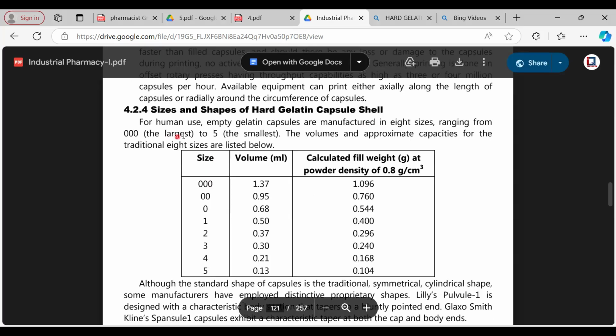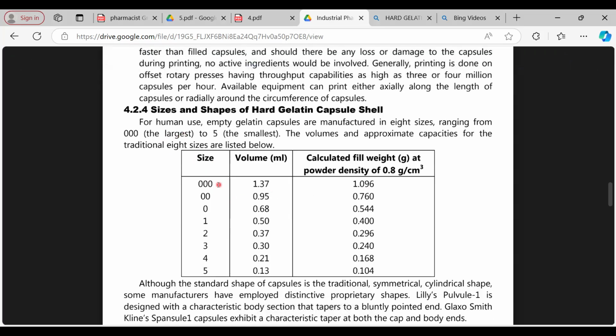Okay. Then guys, coming to sizes, like I said, 000, 00, 0, 1, 2, 3, 4, 5. These are the different sizes in which capsules are prepared, right? And coming to volume, 000 can occupy 1.35, 00 is 0.95, 0 is 0.68. You can see when the number is increasing, what's happening? The fill weight and capacity are decreasing, right?